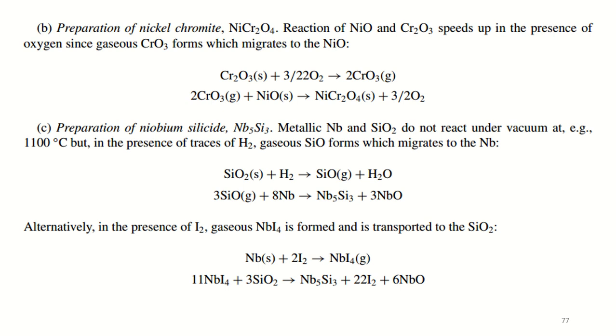Niobium, which is a solid, is reacted with iodine and changes into niobium iodide, and this niobium iodide NbI4 is further reacted with silica, which is a solid, and changes into niobium silicide Nb5Si3, iodine and niobium oxide.